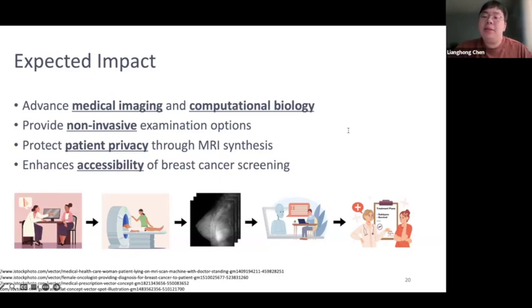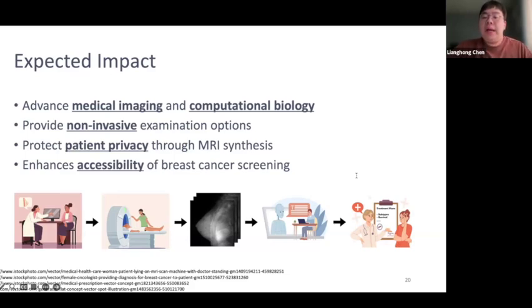Besides, the success of this study may provide a non-invasive examination option for patients to access their clinical data. Patients may just need to get an MRI scan in the hospital and then pass it to our model to analyze. Then they can get a comprehensive report of their condition. The doctor can base on the report to make a personalized treatment plan for the patient.